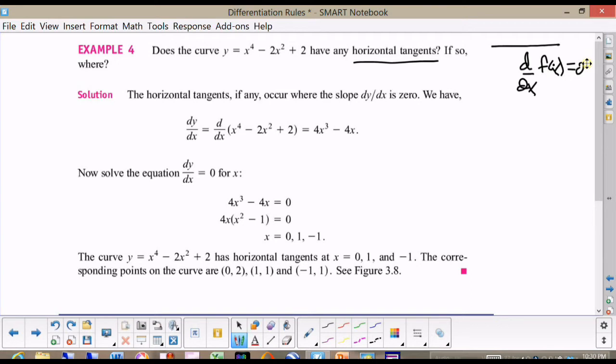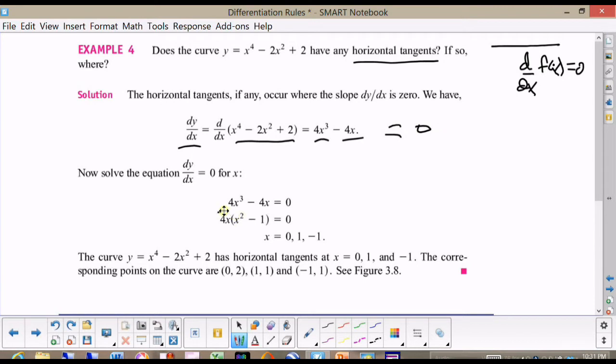So let's take d/dx of x to the 4th minus 2x squared plus 2. That's simply 4x cubed minus 4x using the power rule. And now we want to set this derivative equal to 0 to see if it has any horizontal tangents.